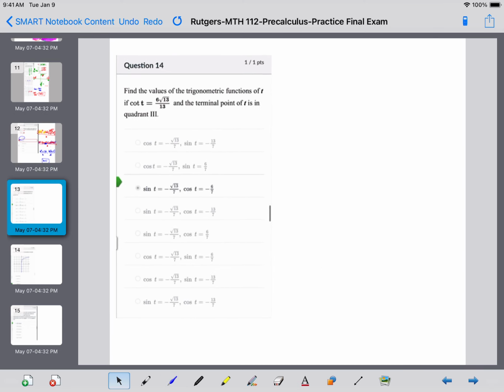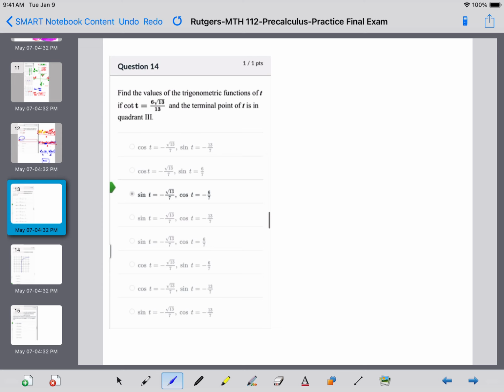All right. For 14, find the value of the trigonometric function of cotangent equals 6 radical 13 over 13. Cotangent, so for tangent, tangent is opposite over adjacent, right? So cotangent is going to be the reciprocal of that.